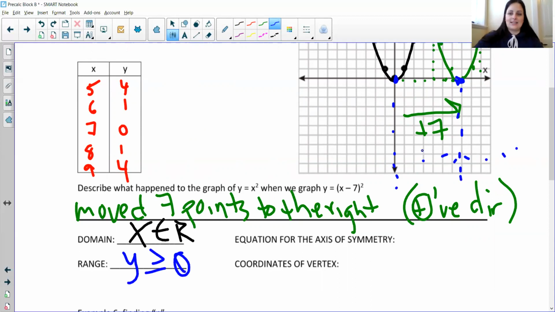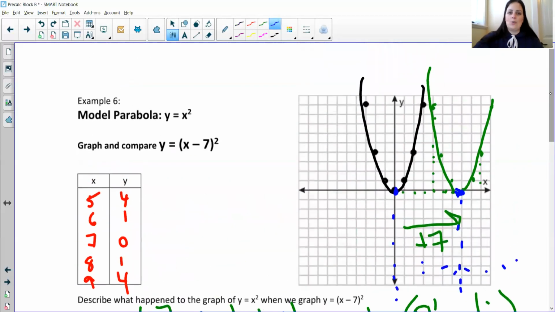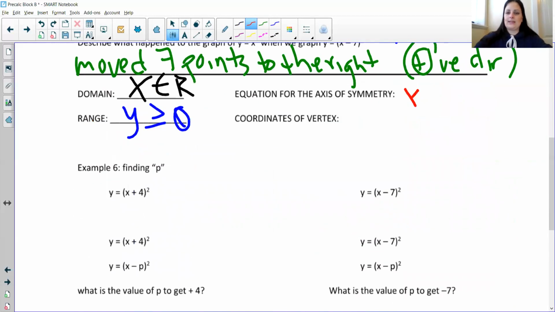The equation for the axis of symmetry has again changed. So when you move left or right, it's the axis of symmetry that changes. When you move up or down, it's the vertex that changes. So here, it moved 7 over. So it's x equals 7.